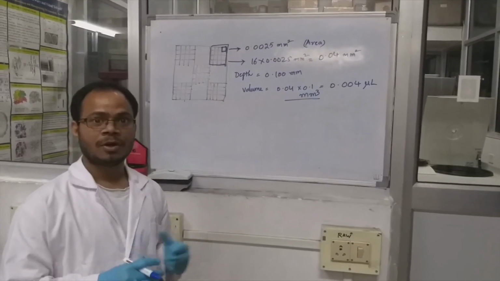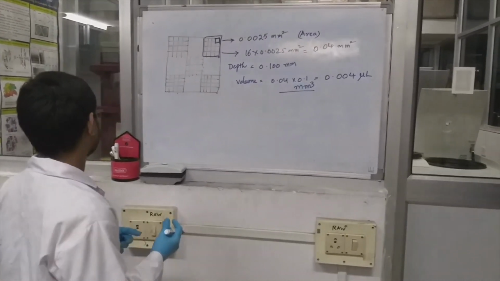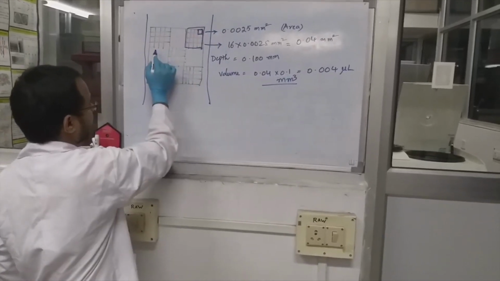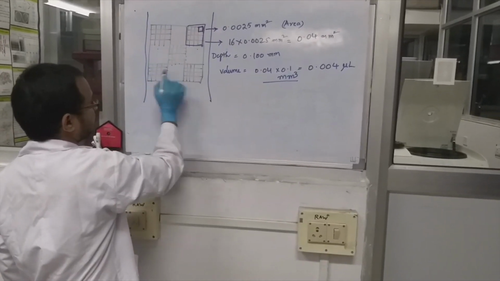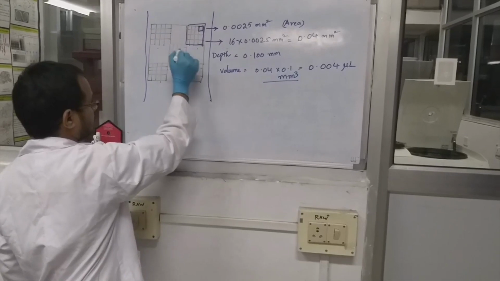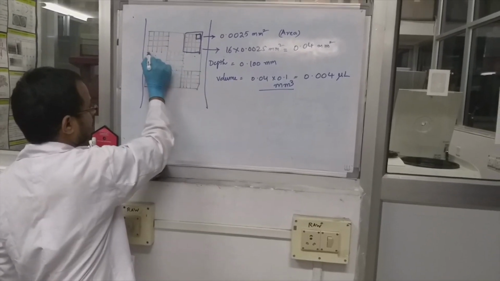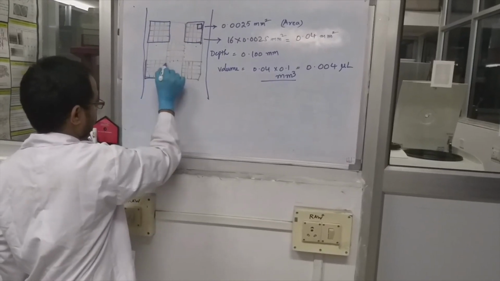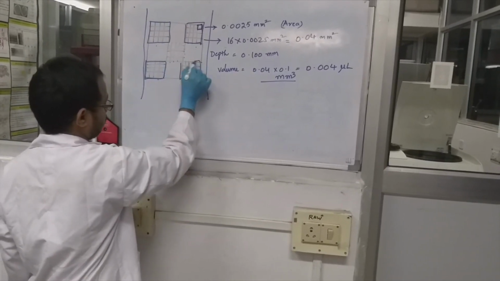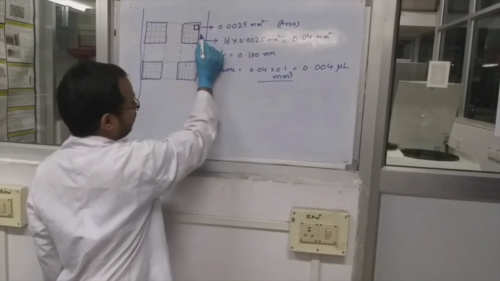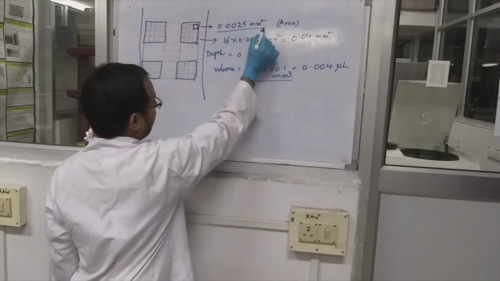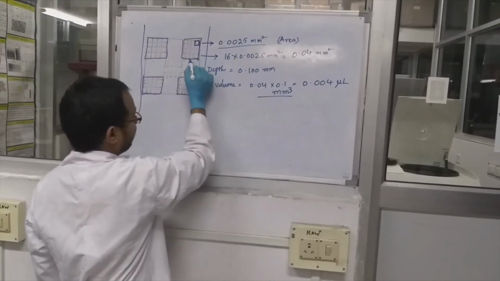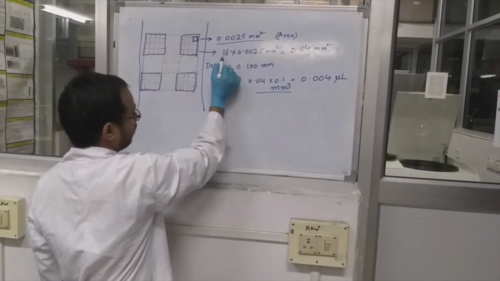Now we have to count. How to count the cells? Here is a typical Neubauer chamber which contains 5 squares. We have to count cells in these squares. Each small square has an area of 0.0025 millimeter square and there are a total of 16 small squares.